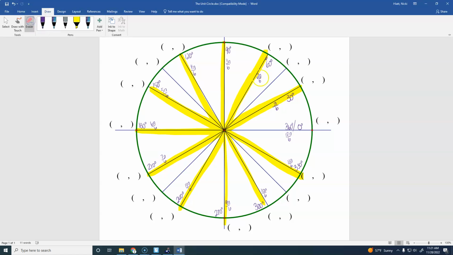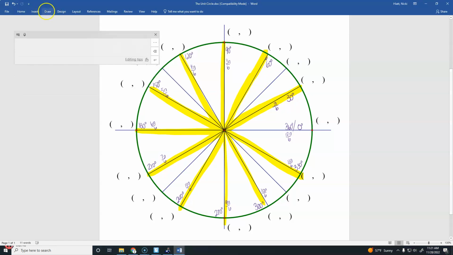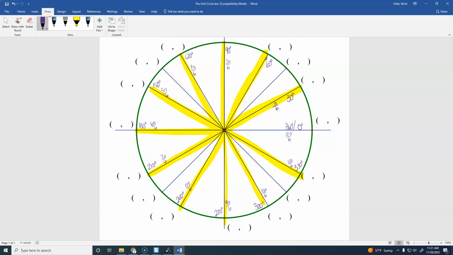So, you could take 2 pi over 6. 2 over 6, what's it reduced to? 1/3. So, that's going to be pi over 3. 3 pi over 6. What's 3 over 6 reduced to? 1/2. So that's pi over 2.